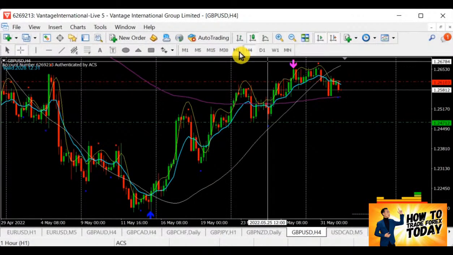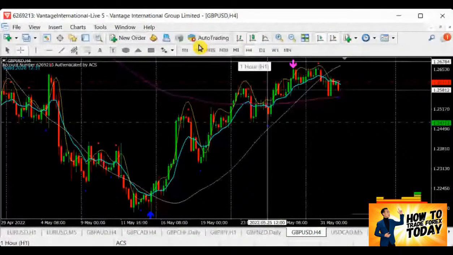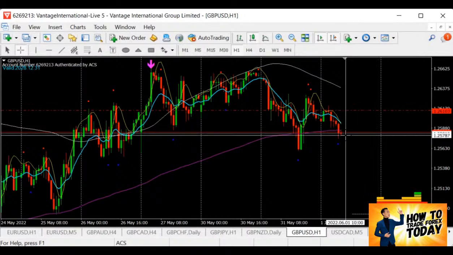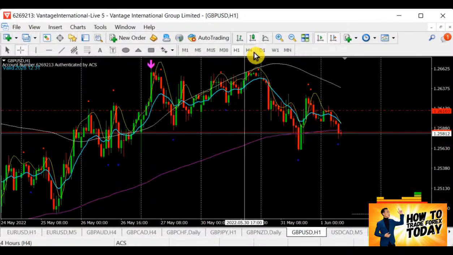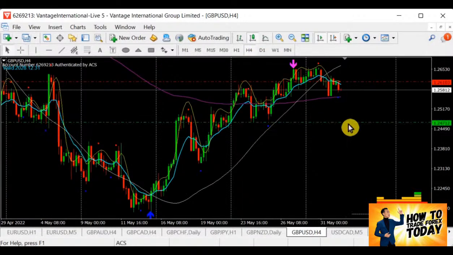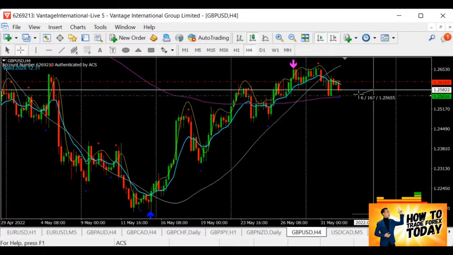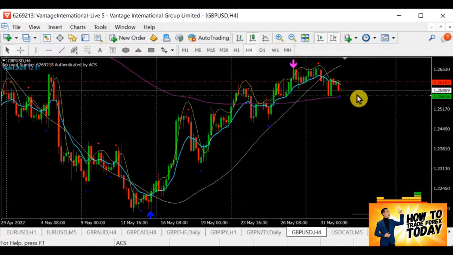Can we still sell this pound dollar? Unless we have a new cycle of selling. Let's see, do we have enough space first? Currently we still have about 19 pips to go.